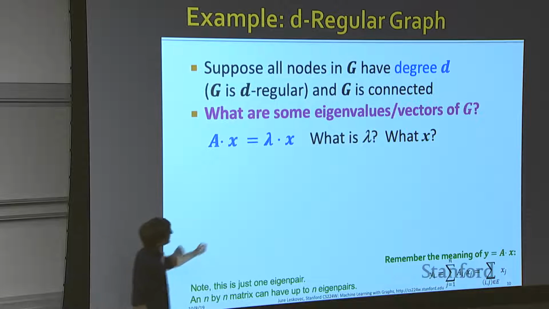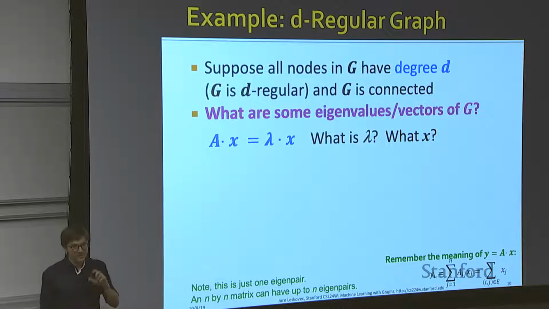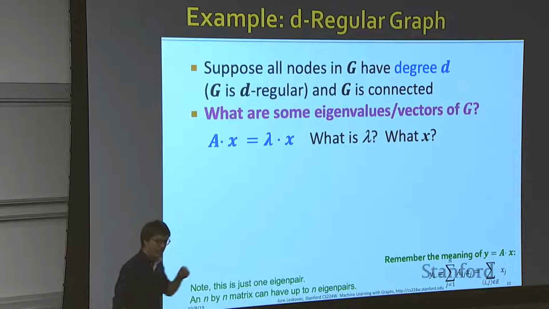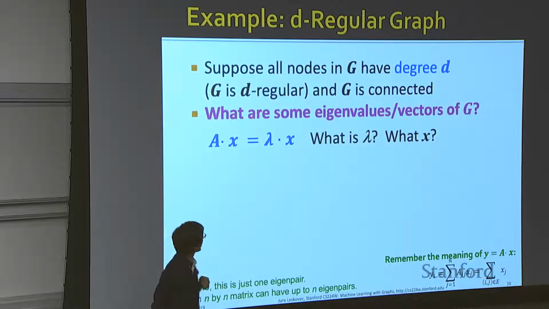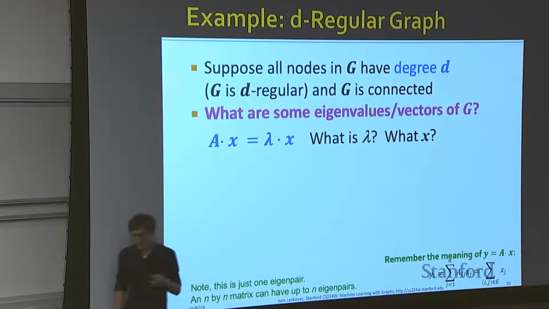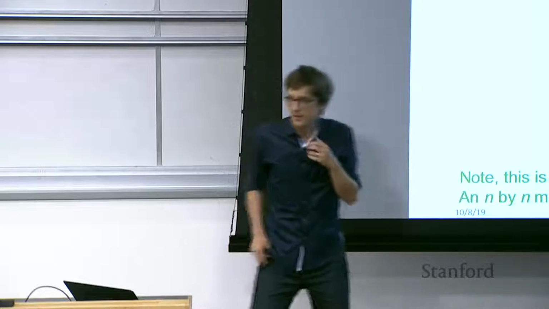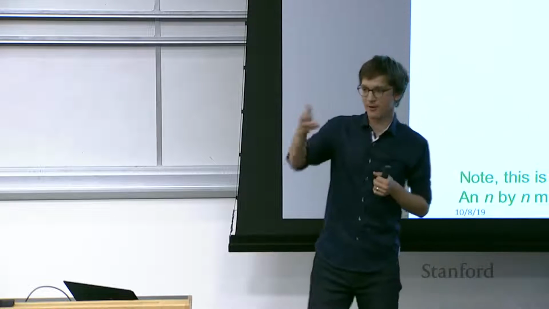What we'll work with are d-regular graphs. This means that every node in the graph has degree d, let's say 4. Now the question is, what are some eigenvector pairs in a d-regular graph? I'm looking for suggestions. Yes?